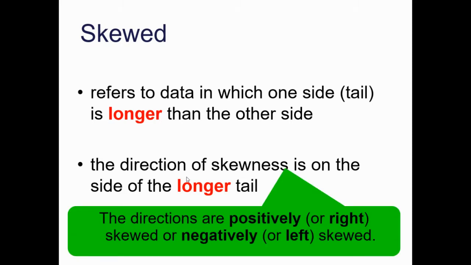So there's two directions. You can be positively or right skewed, or negatively, which means left skewed. I'll use those interchangeably. You may want to write that positively and right mean the same thing, and negatively and left mean the same thing.